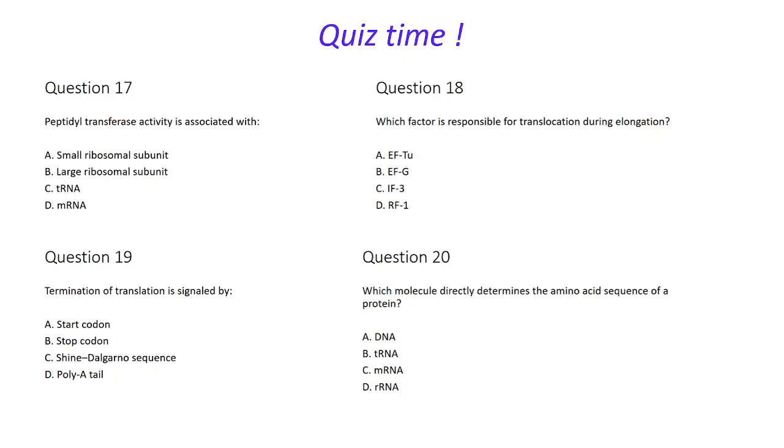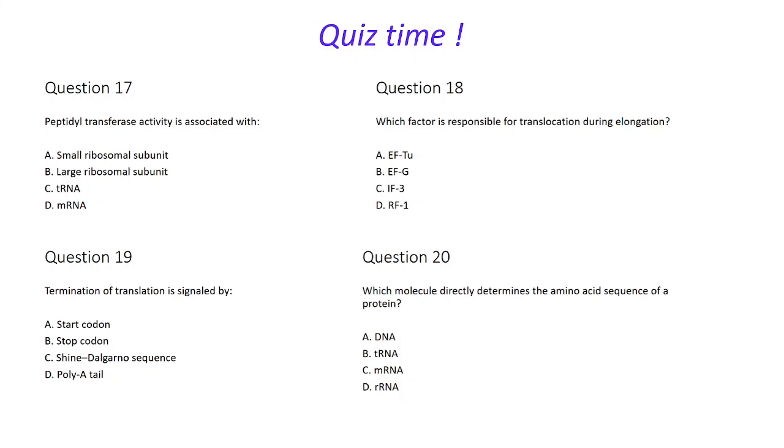IF3 is the initiation factor 3 that binds to the 30S ribosomal subunit to prevent the premature association with the 50S subunit of ribosome, and it helps in mRNA binding, checking the fidelity of the initiator tRNA during the initiation process. And RF1 is the release factor 1.